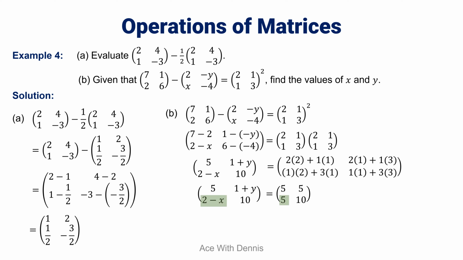So I will look at this element. 2 minus x equals 5. We solve this equation. We have x equals -3. To solve for y, we compare this element. So 1 plus y equals 5. Y will be equal to 4. So this is the answer.